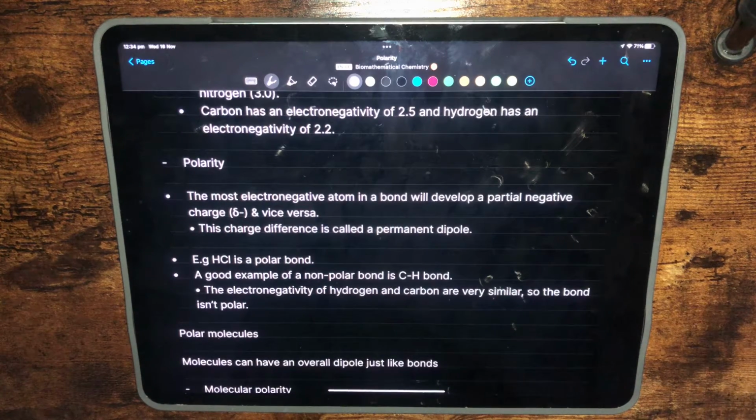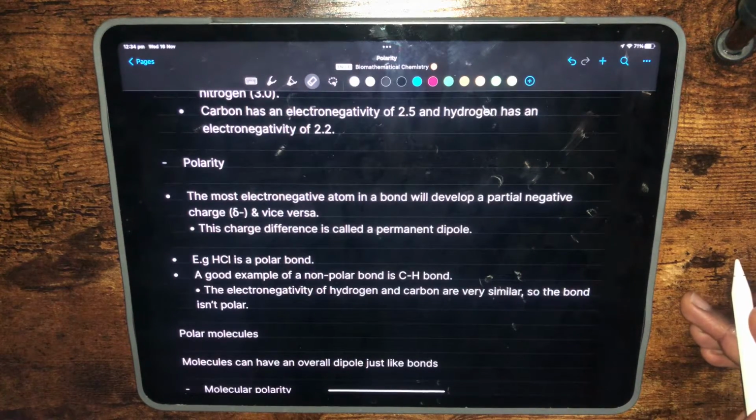It's pretty self-explanatory really. The most electronegative atom in a covalent bond will have the partial negative charge, and therefore if one is partially negatively charged, the other one must be partially positively charged. For example, hydrogen chloride is a polar bond.